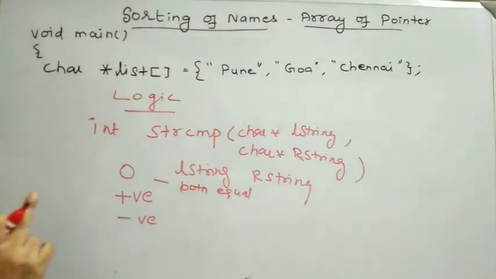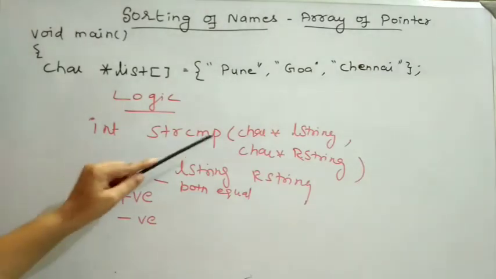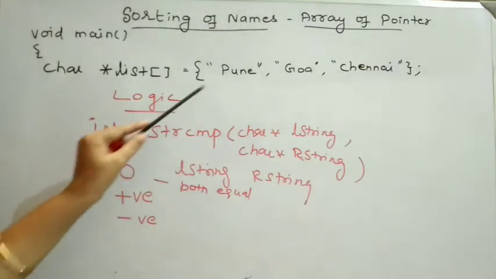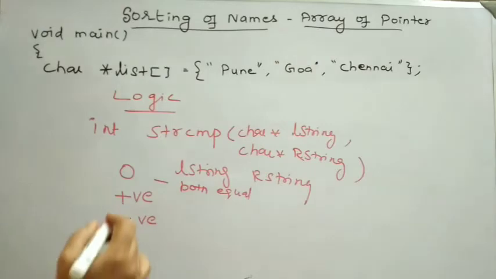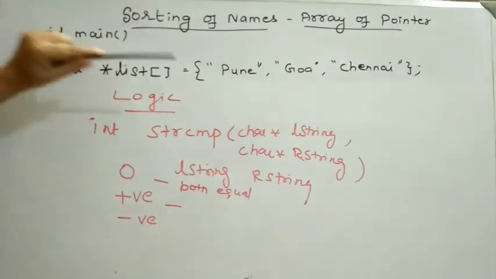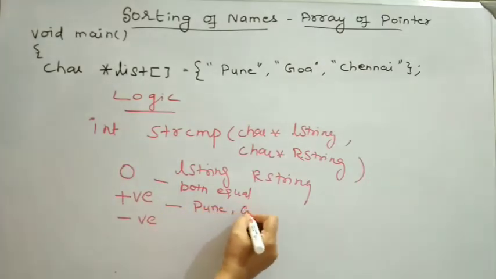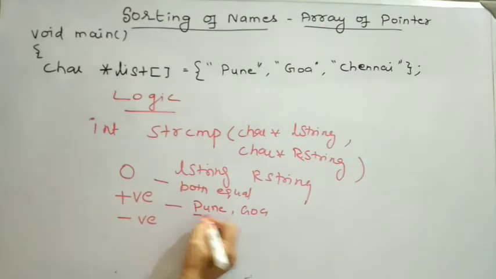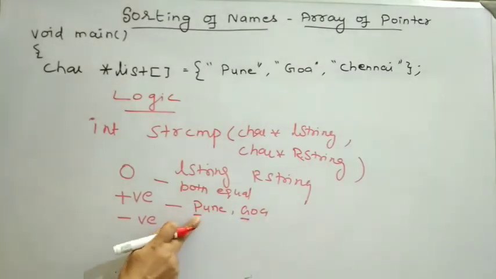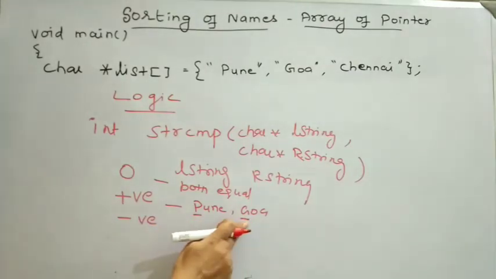Okay. So when the character in the left string comes after the character in the right string, then it returns a positive value. For example, take Pune and Goa. When it compares the first character, P comes in alphabetical order after G. In that case, it will return a positive value.